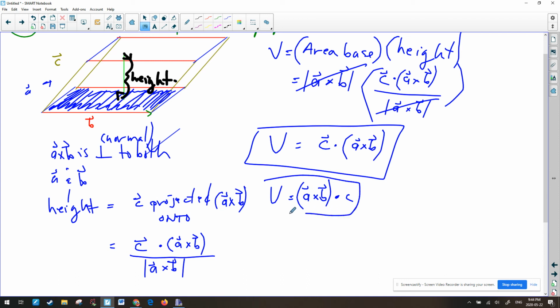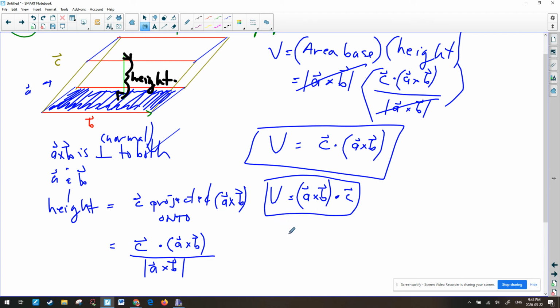Now, you might think, well, what happens if I was just given 3 random vectors, how do I know which one forms the base? The cool thing is you could do this in any order that you want. The crossing has to happen first, and then the dotting.